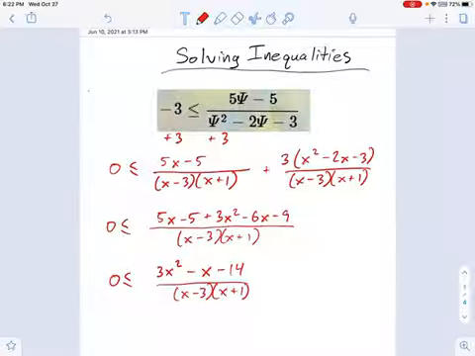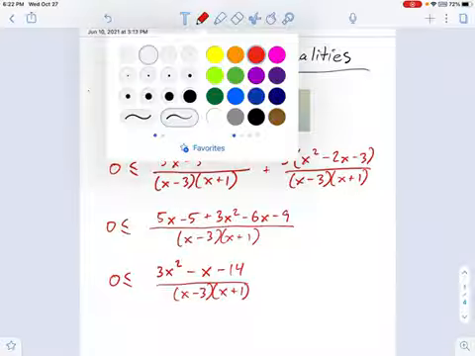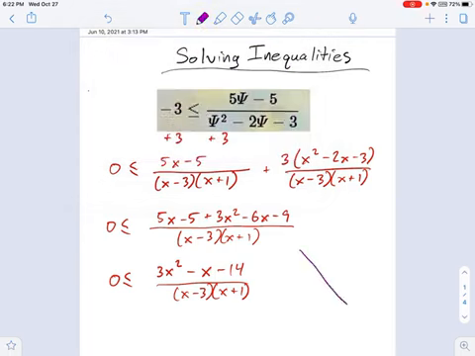And I need to factor this, which is not obvious to me how it needs to factor. So I'm going to use a big X. I'm going to say negative 14 times 3 is negative 42, I think. We'll see. And it adds up to negative 1. That's the linear term.